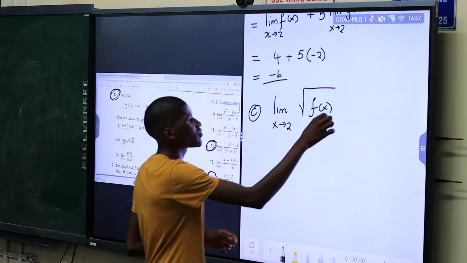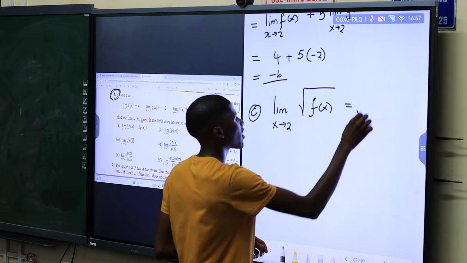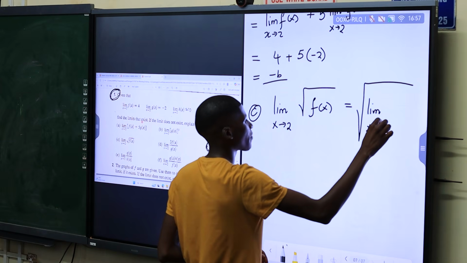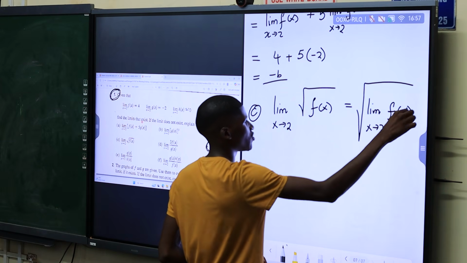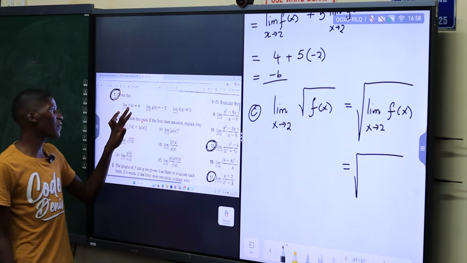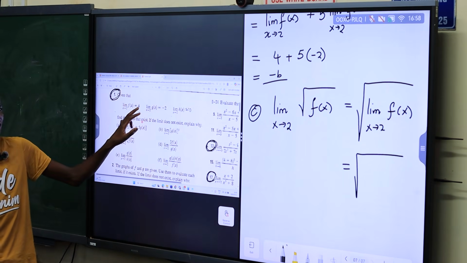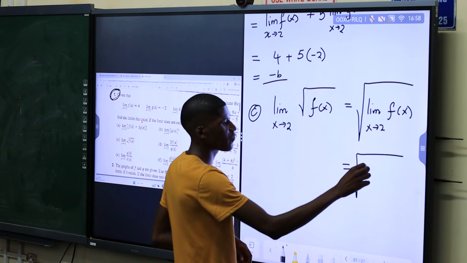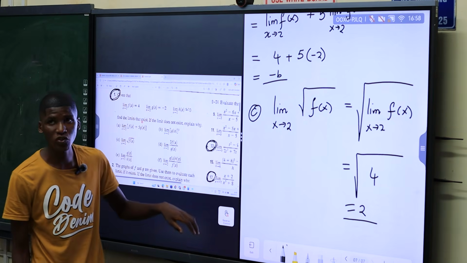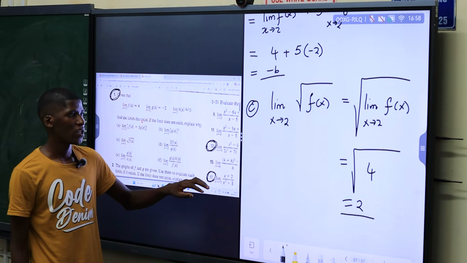So this must be equal to the square root of the limit as x approaches 2 of f of x. They have told you that the limit of f of x as x approaches 2 is 4. So the square root of 4 is equal to 2.